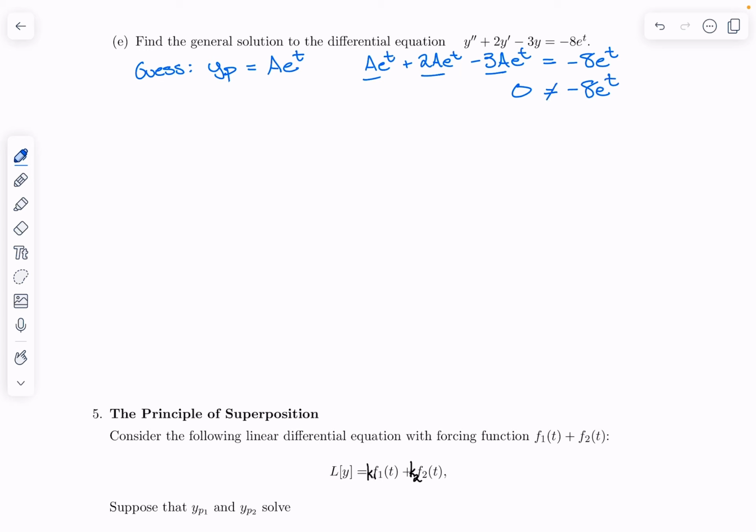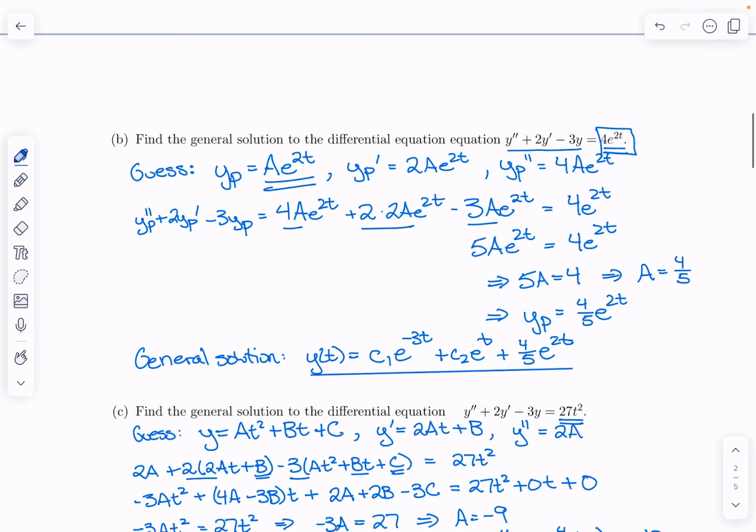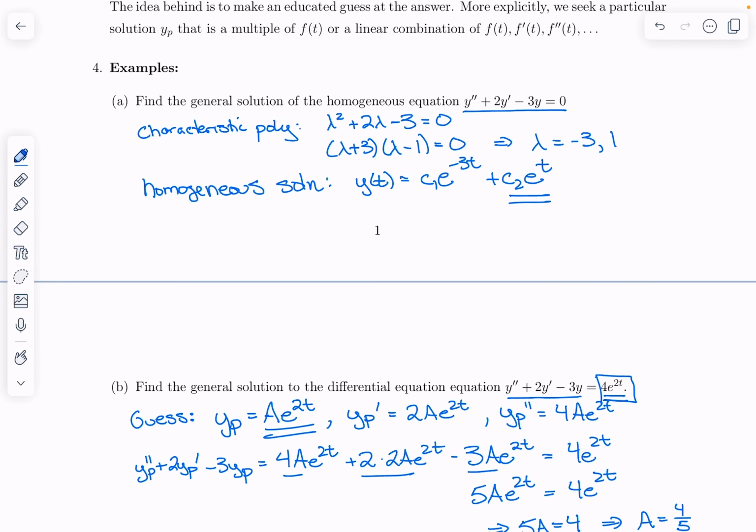And something went wrong because that's not true. So what happened? Well, you'll notice that a e to the t was actually part of my homogeneous solution. It was one of the two solutions I found when I was solving the homogeneous problem right here. There's my a e to the t. So it doesn't surprise me that in that case, y double prime plus 2y prime minus 3y is indeed 0.